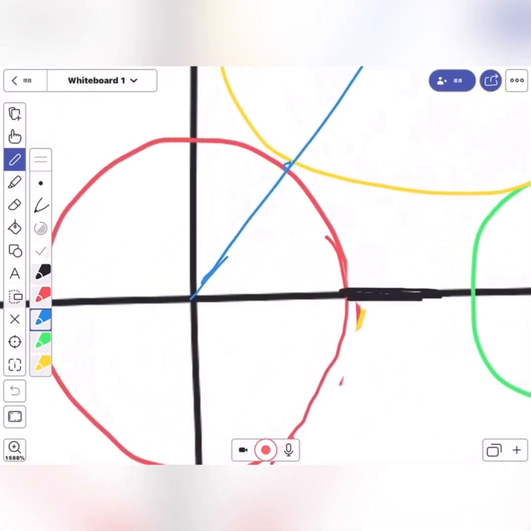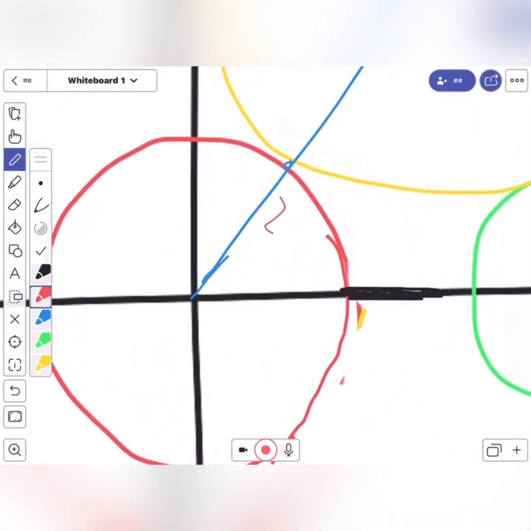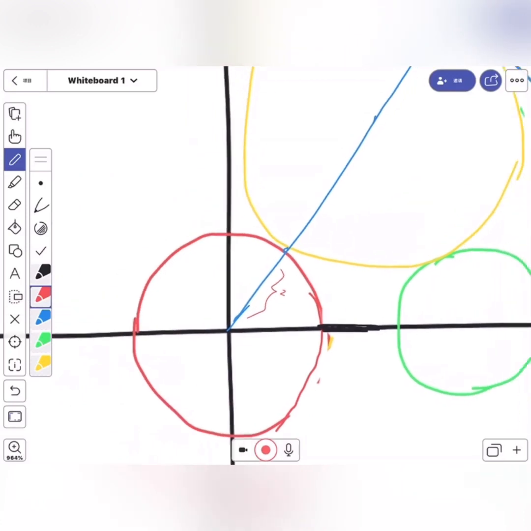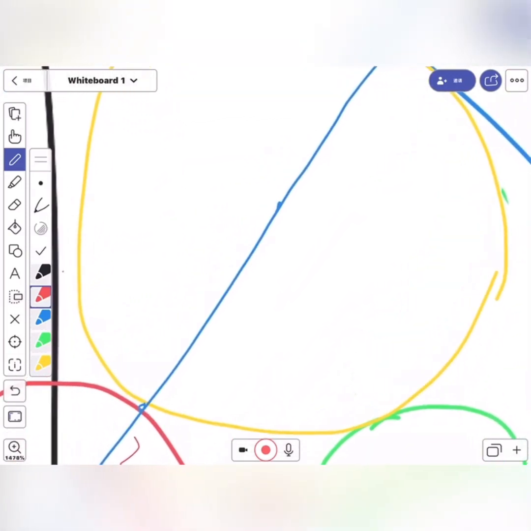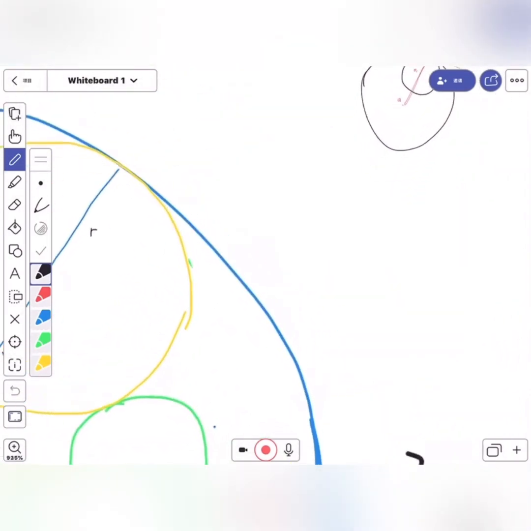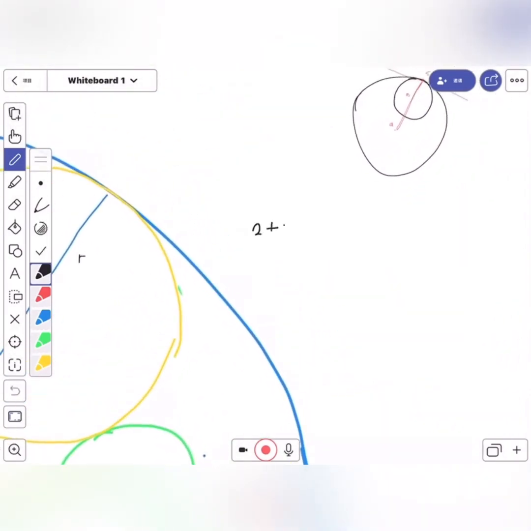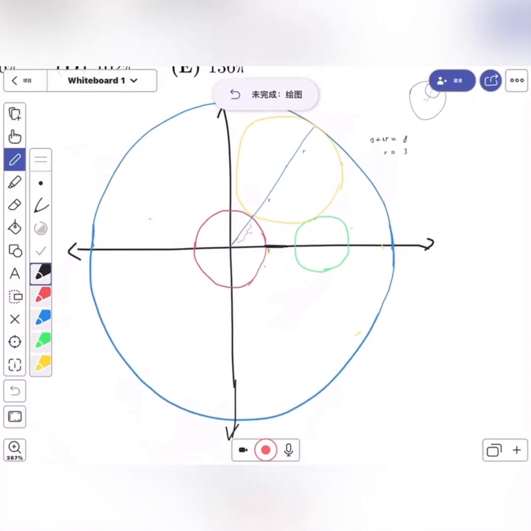Now we know that this part has a length of 2, so we can just say that this is r and this is r. So case 1 will just be 2 plus 2r is equal to 8. So r is equal to 4. No, r is equal to 3. Okay, that's the first case.